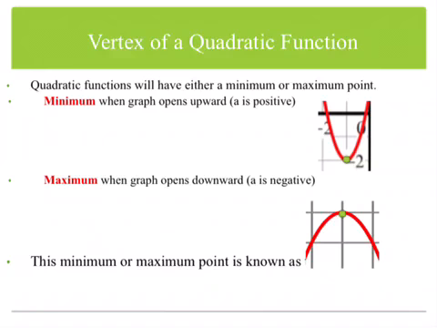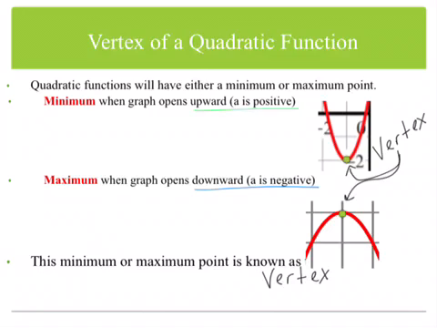When the graph opens upwards, meaning the a is positive, the vertex will be the minimum point. When the graph opens downward, which is when the a is negative, your graph will have a maximum. The minimum or maximum point is known as the vertex.